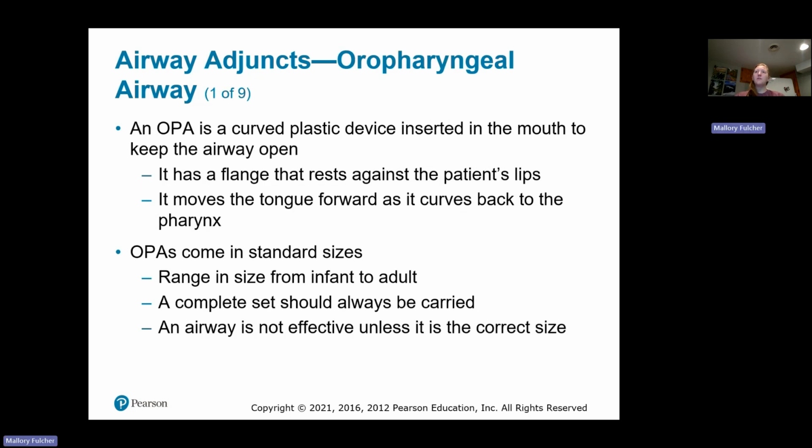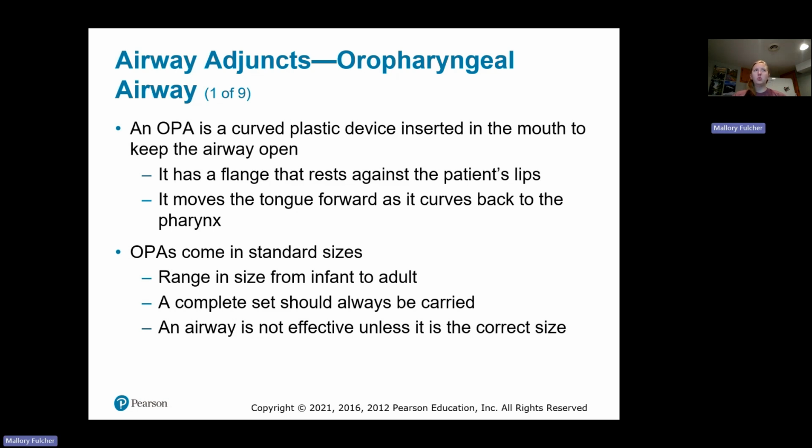So the OPA is a curved plastic device. It has a flange on one side that will rest kind of on the lips, and it helps to move that tongue forward. OPAs come in standard sizes, anywhere from teeny tiny neonate to huge person, right?